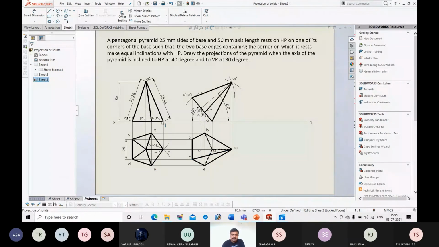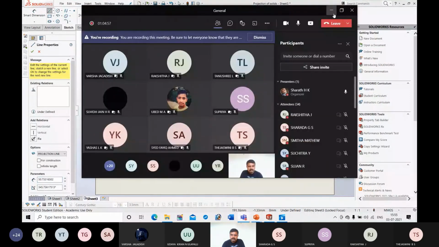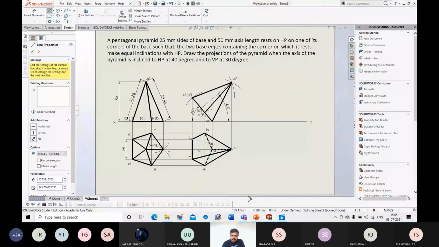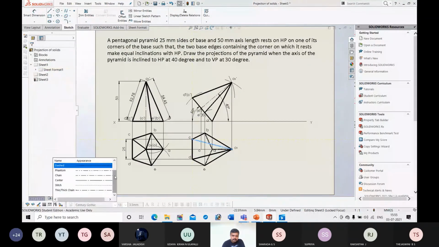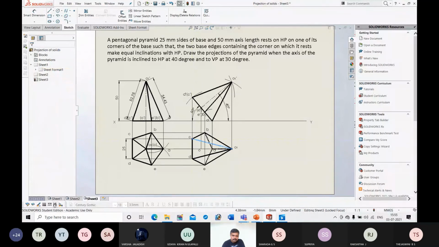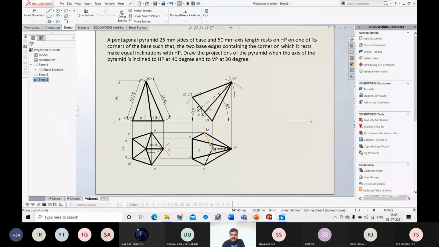Okay, next, similarly, corner point, it is connected by two continuous lines, so I will draw one more continuous line. Okay, so now again this line is crossing a dashed line, that is possible.